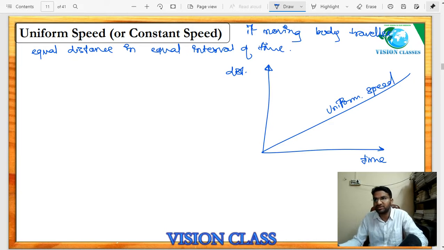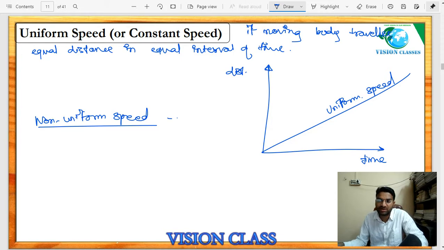And the reverse of this is non-uniform speed. Non-uniform speed is when a body moving travels unequal distances in equal intervals of time.